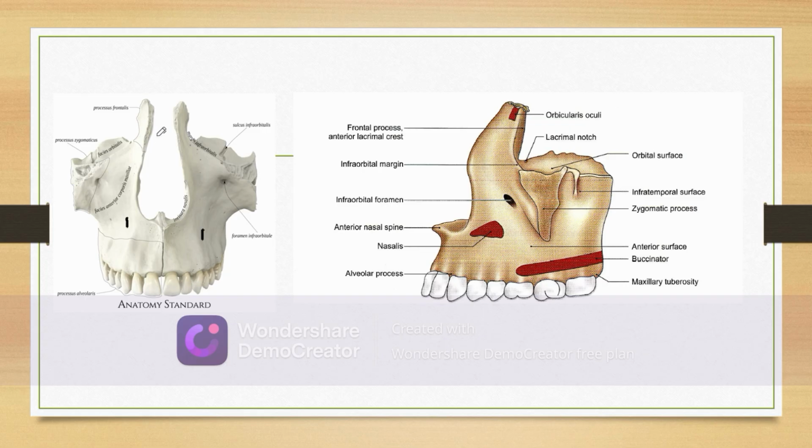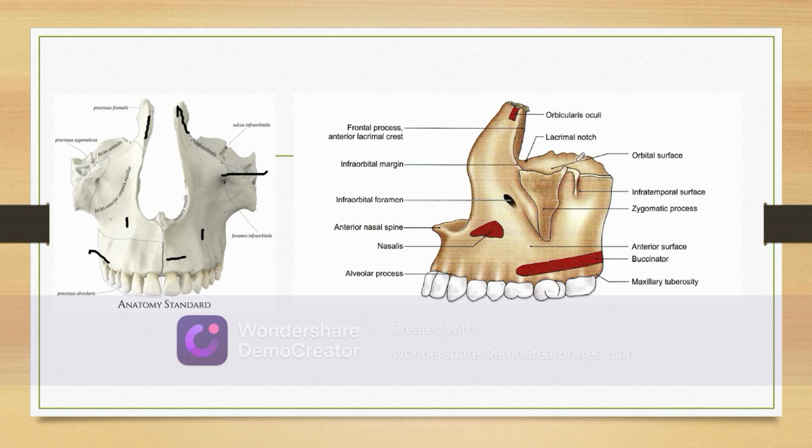We have these processes: the frontal process, the zygomatic process, the alveolar process, and the palatine process. We will discuss them in this video in detail. We will continue stepwise according to the surfaces, then we study the processes of the maxilla.